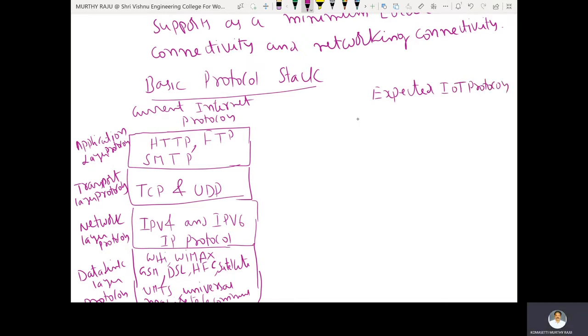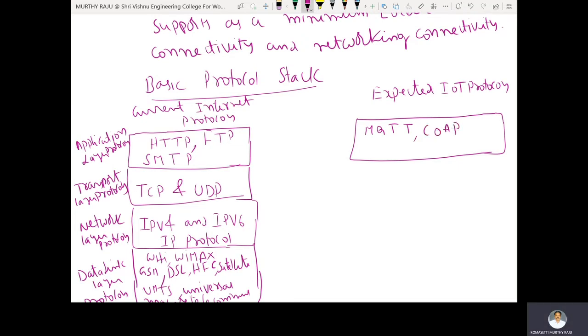Here we use, in the application layer, MQTT, Message Queue Telemetry Transport protocol, CoAP.